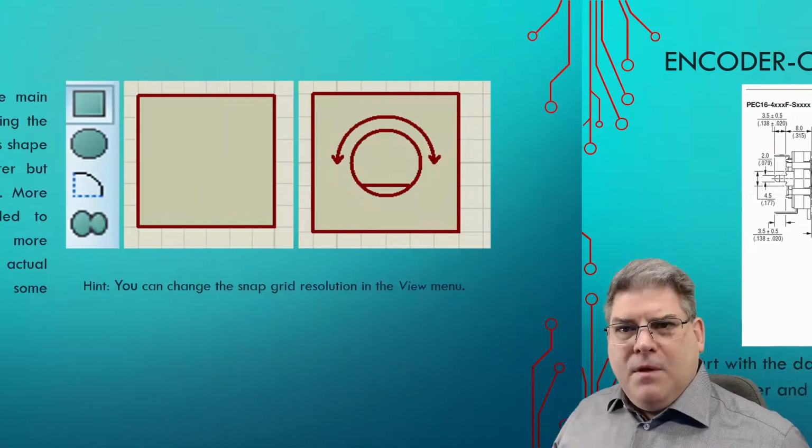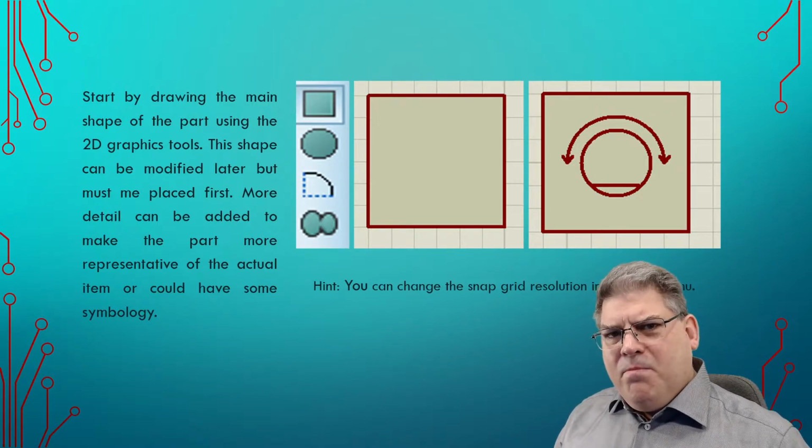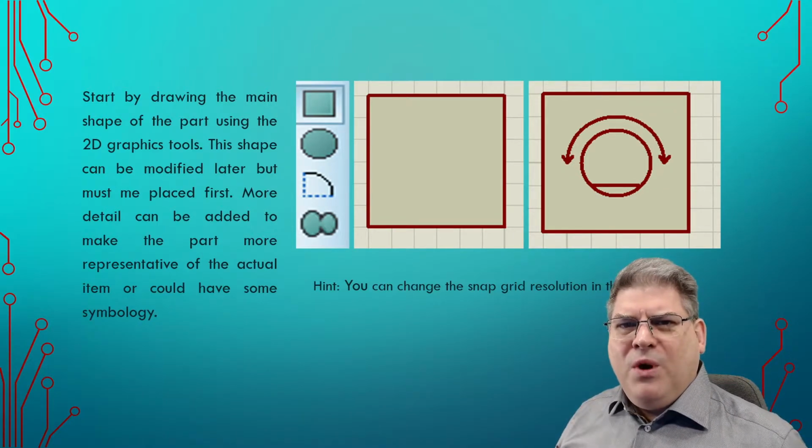All right. The first thing that we're going to do is create a rectangle. This rectangle can be resized later, but it's going to be the base of our symbol. Now, the one thing with Proteus is that it does things in layers, but unfortunately, we can't change the layer structure.